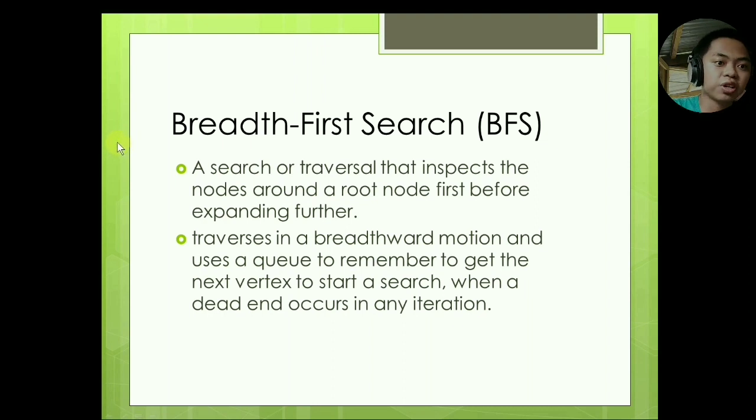It traverses in a breadthward motion and uses a queue to remember the next vertex to start a search from, especially when a dead end occurs in any iteration. So the search goes directly below the source first. It goes wide, from the core up to the very edge of the graph.